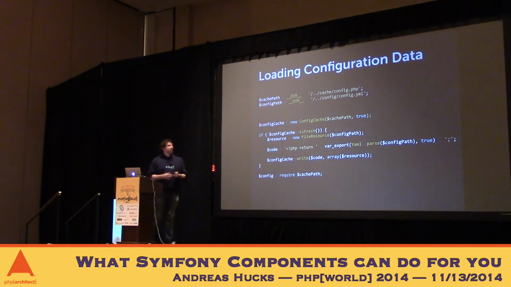What we are doing to save this is a simple export of the values that are parsed from the YAML file. So we end up with a file that returns a PHP array. And we write that to disk using the config cache write method, and have created a very simple configuration cache.